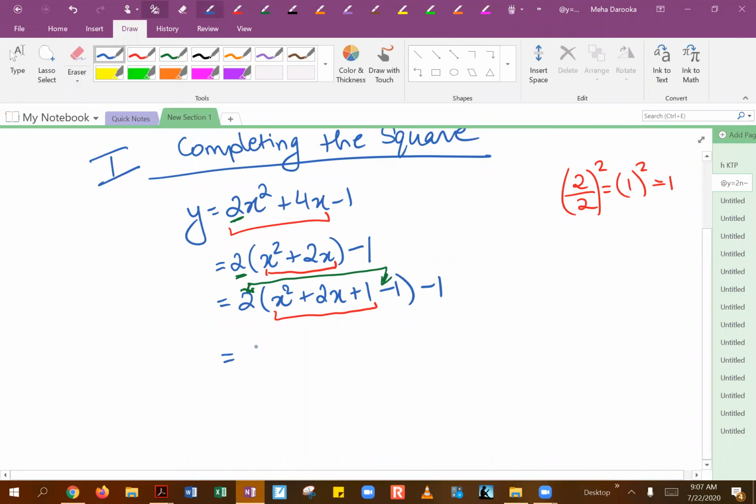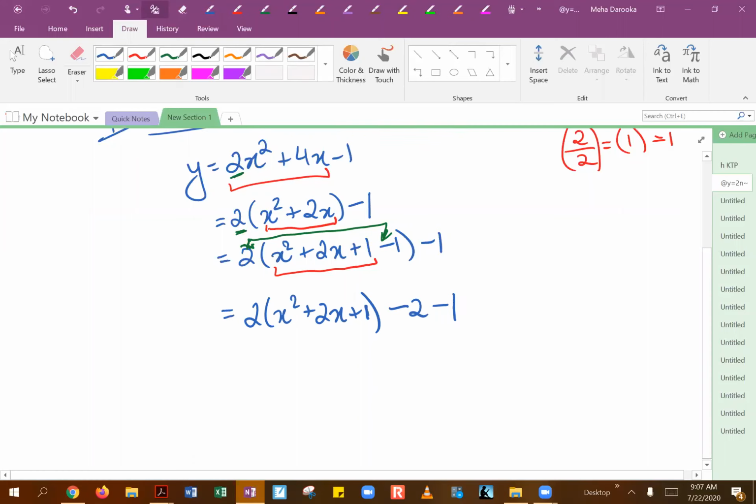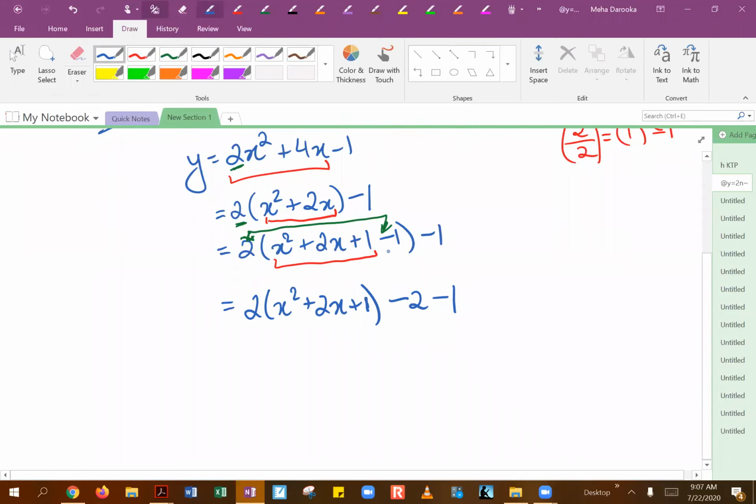So you would have that 2 will stay, x squared plus 2x plus 1 will stay, and then this -1 multiplied with the 2 in the front will become -2, and this is how you bring it outside of the parentheses. Okay, so now that we got rid of that -1 and brought it outside and it became -2, we have a perfect square trinomial inside our parentheses now. So you can go ahead and factor this, go ahead and combine these last 2 terms. And what does x squared plus 2x plus 1 factor into?